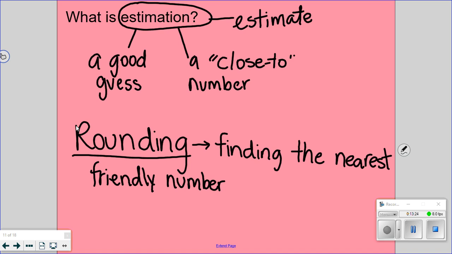Can you think of another friendly number? I need something that's easy to count by. 5. Maybe 5. So could 25 be a friendly number? Yes, 25 could be a friendly number. Carl? 87. 87 is not a friendly number.